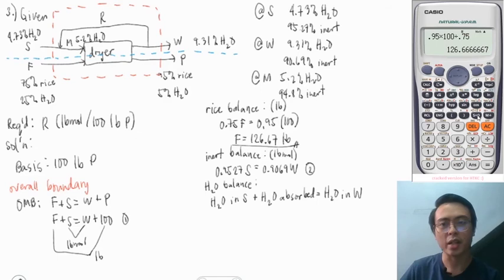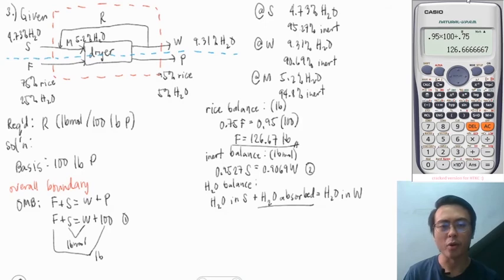Common sense dictates that if we take the water incoming from S and add the water that's being lost by the rice, remember, you are drying the rice, therefore water is leaving the rice and is joining the gas stream. So that is the water absorbed term here.